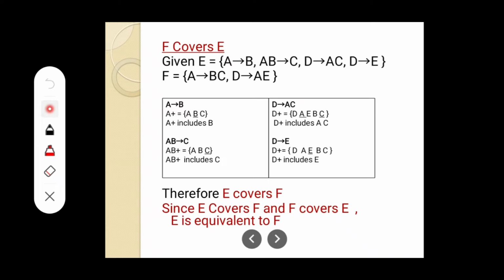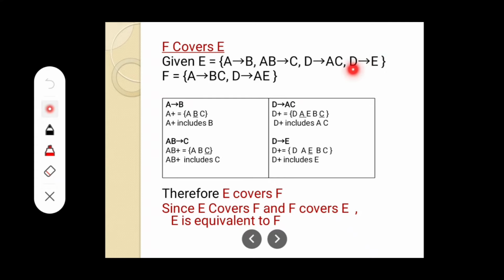Clear? So the answer is DAEBC. Does it contain the RHS? Yes, A and C are available here, so D closure includes A and C.